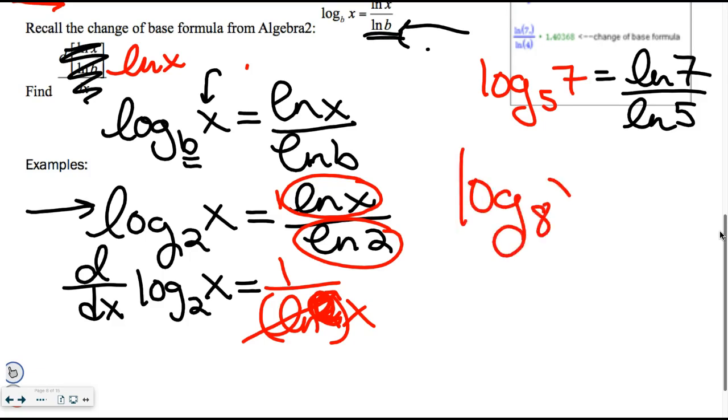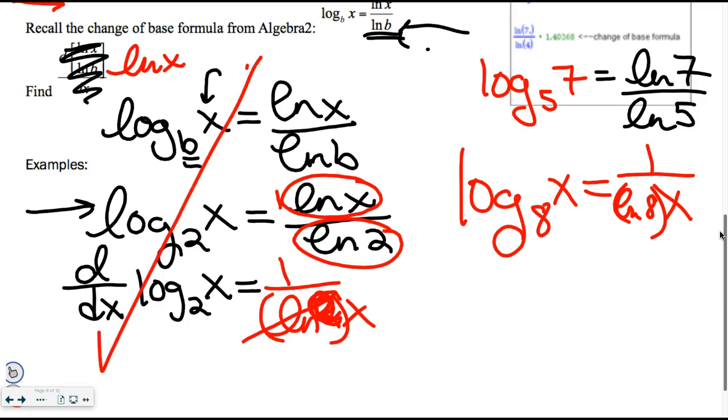But if you're doing log, it's just like the natural log, 1 over x, except for what's down in the denominator. See how easy it is once you see it working? Now you don't have to do all this. But I do like to show you.